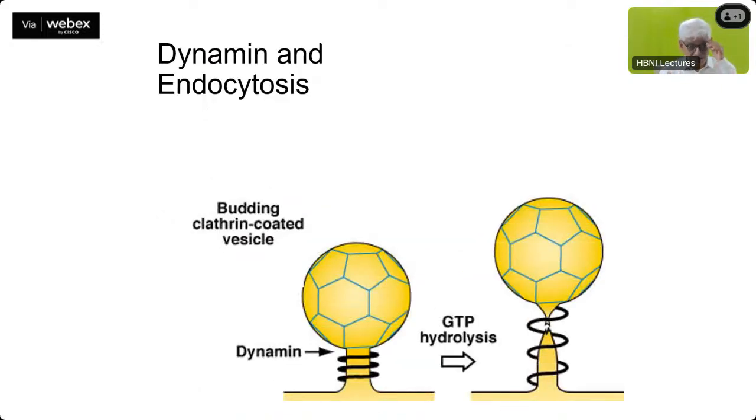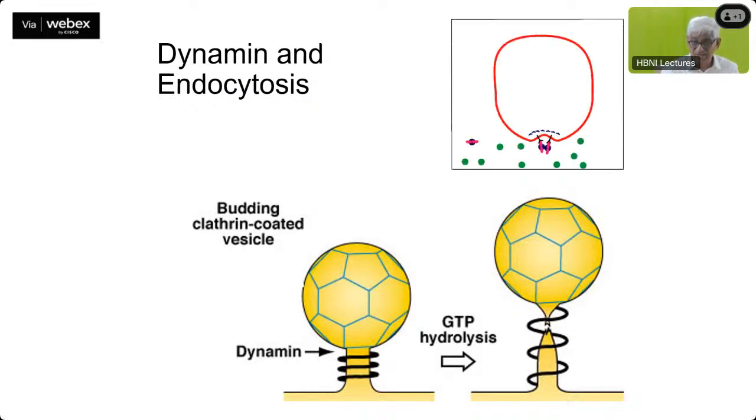Now I come to another even more important, even greater system, which is dynamin and endocytosis, with its functional significance. Here there is a budding clathrin coated vesicle, and if something has to be internalized, there is a protein called dynamin.